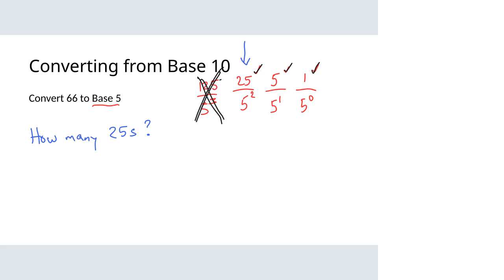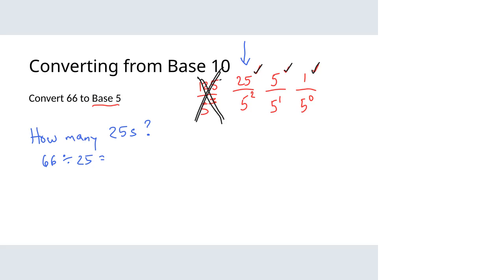There's a couple of ways you can do this with a relatively small number like this. You could probably do it in your head. How many 25s are we going to need to get to 66? And I guess my real question is, what's the biggest number of 25s possible that could go into 66? Perfect, Leslie. Perfect, Moylan. Emily, great. 2. And you could say, well, I'm going to do 66 divided by 25.